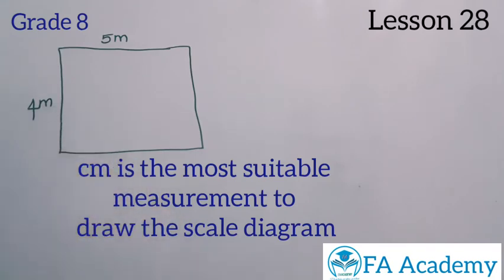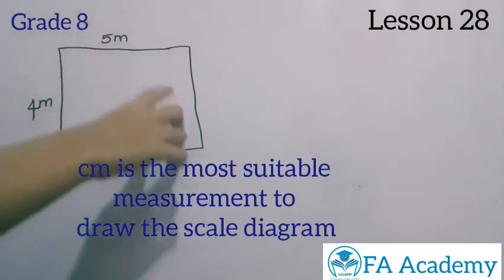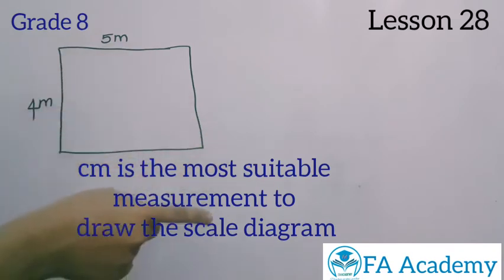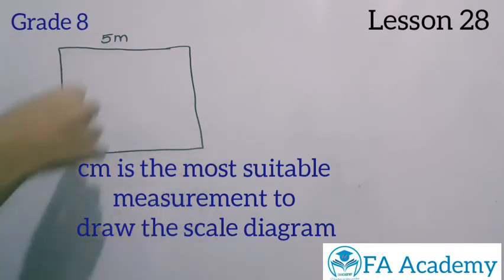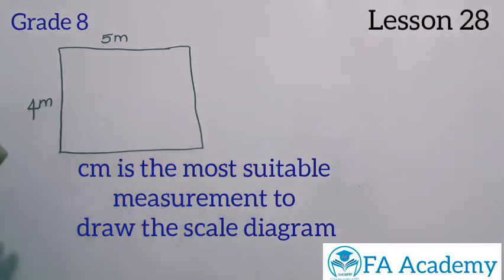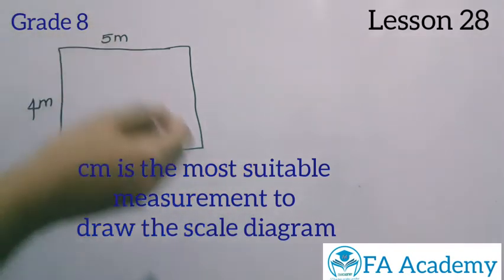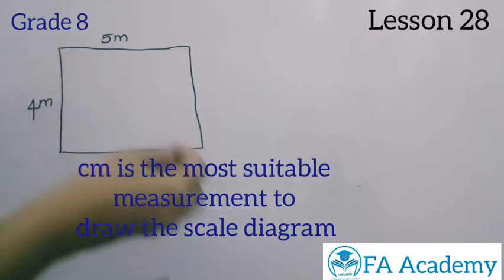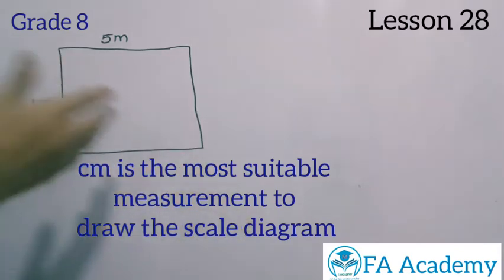So if you have a room with these lengths, you have to convert it to centimeters because we have to draw that scale in a book, so that you can measure and draw. You should know how to select a suitable measurement. Can we take kilometers?